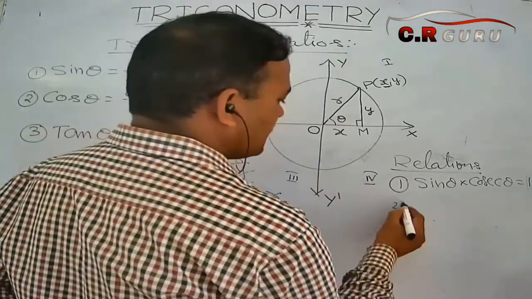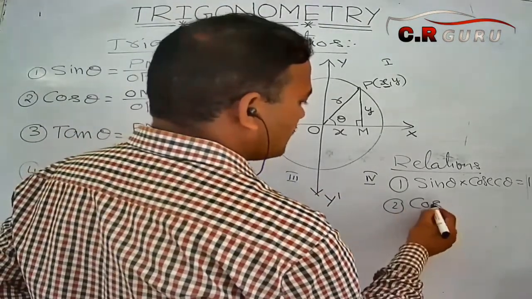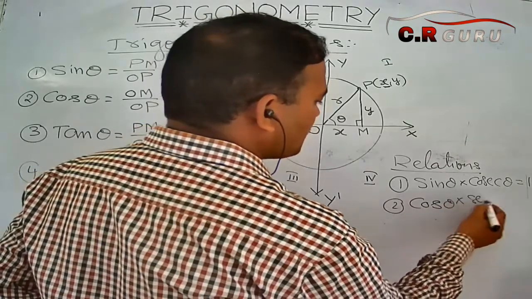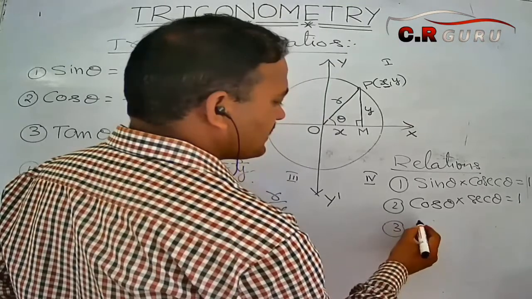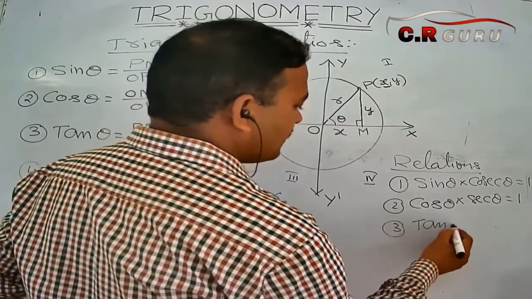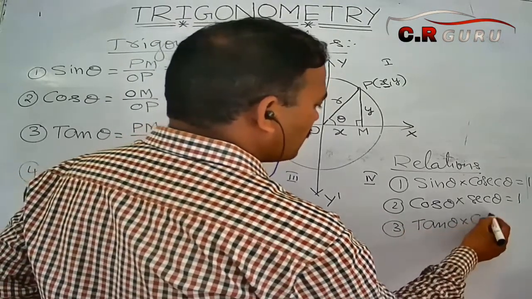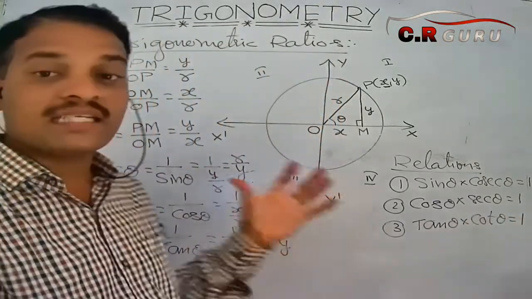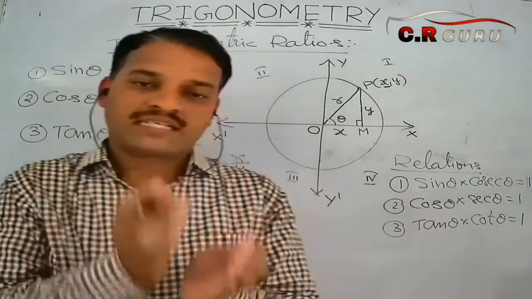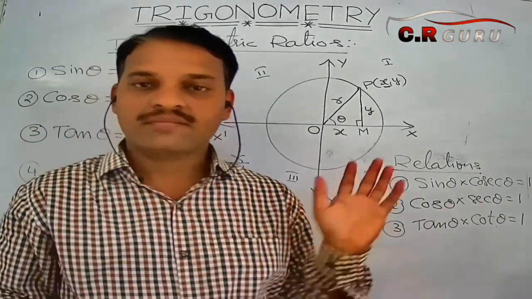Similarly, cos theta into secant theta is equal to 1. And again, the third one is tan theta into cot theta is equal to 1. So these are the 3 relations between the ratios and their reciprocals, my dear friends.